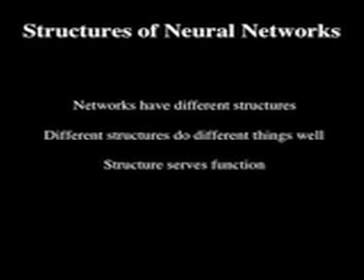We've talked about a few neural networks within the central nervous system. We've talked about the hippocampus. We've talked a little bit about the cerebellum and about the cerebral cortex, and I'll be talking about those in more detail next lecture. But I just want to introduce them now to talk about how structure serves function. So different networks have different jobs to do. And different networks have different structures.